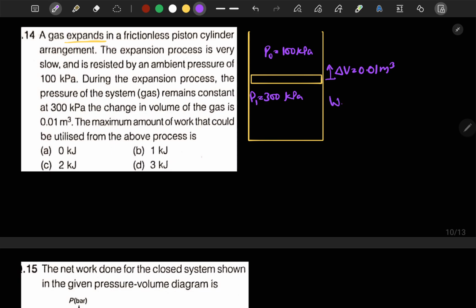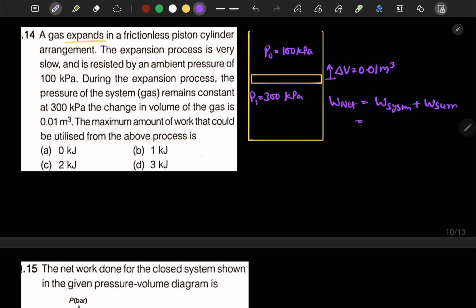Okay, so work done net. What can we write about work done net? Work done net will be work done by system plus work done by surrounding. Okay, we can also say this.